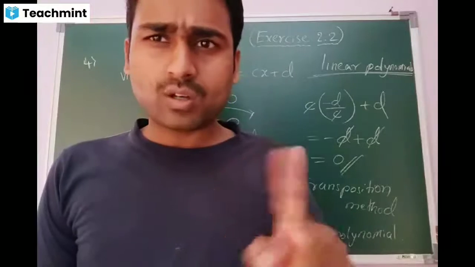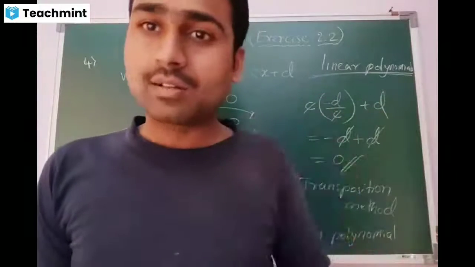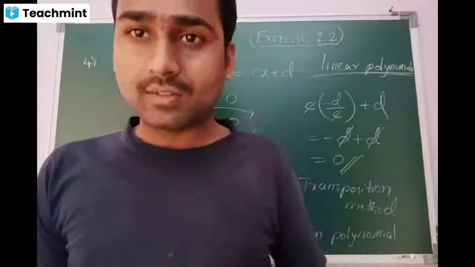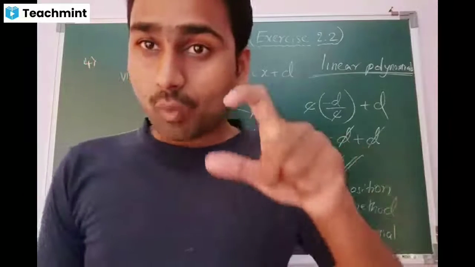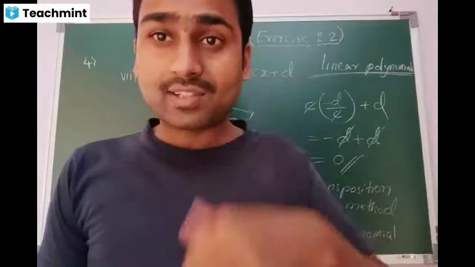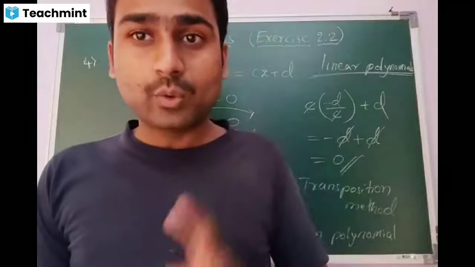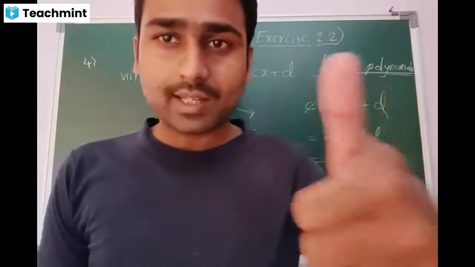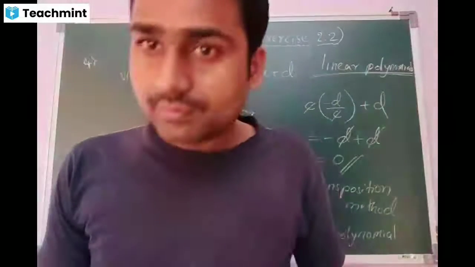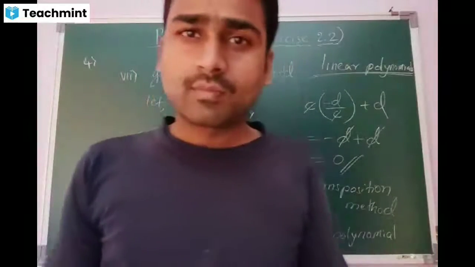Not next, not 2.3, beta, next to next. In the 2.4 exercise, you are going to solve such things, wherein quadratic as well as cubic polynomials will be given to you, and you are supposed to find the zeros of the same. Is that clear?